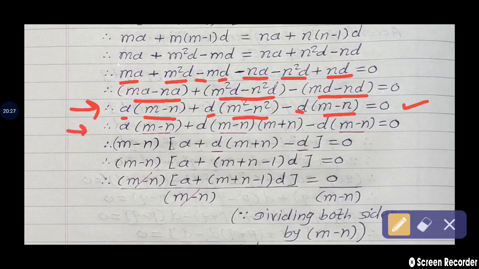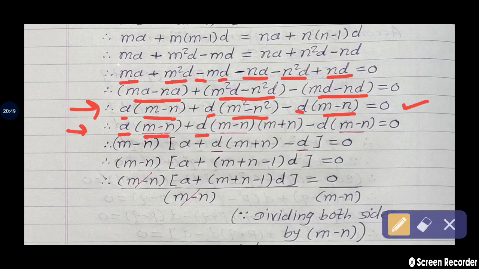In the next step, therefore, a into m minus n remains as it is, plus d into, now in place of m square minus n square, we use the formula a square minus b square. The expansion of this formula is a minus b into a plus b. So instead of a and b, m and n are here.